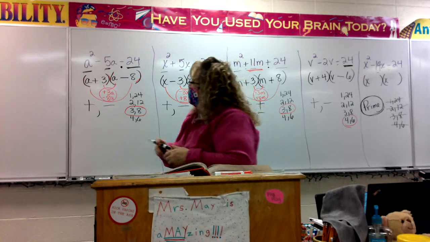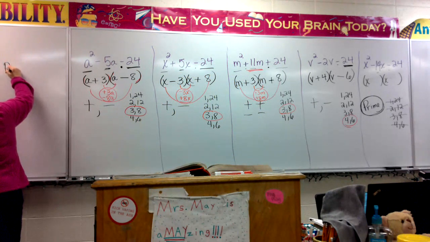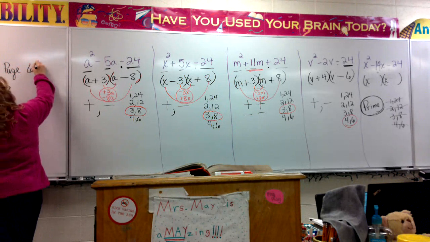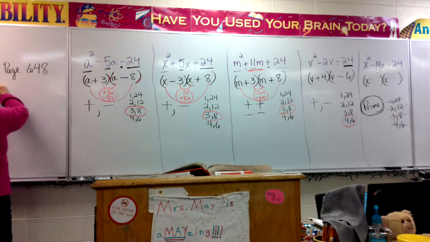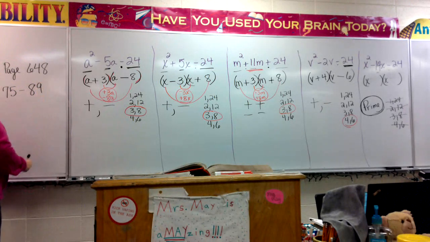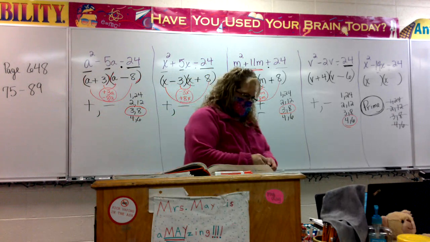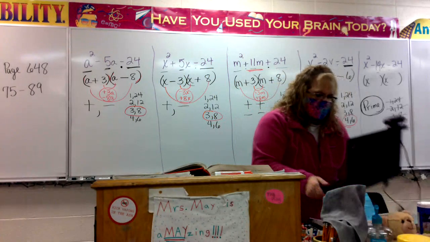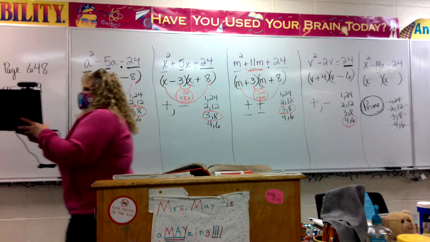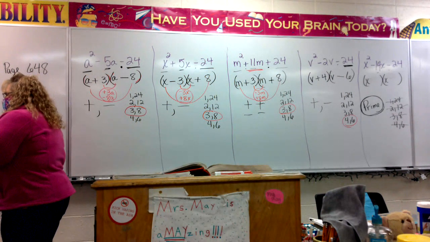Starting with 75, numbers 75 to 89. That's 15 of them. You should be able to get that many done. Page 648, 75 to 89.